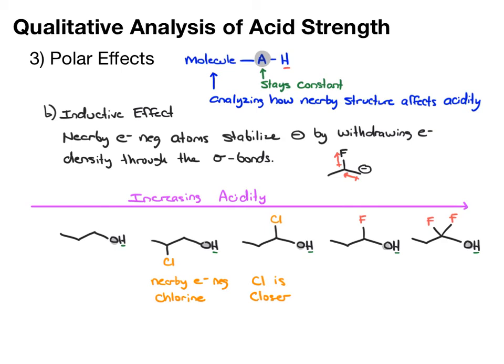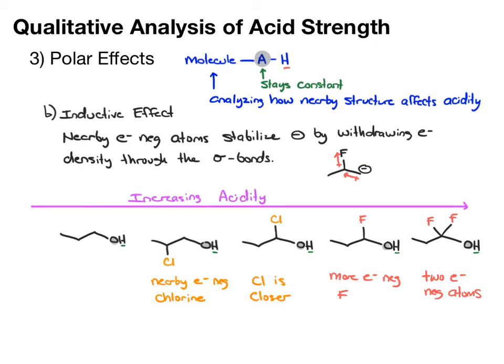So that increased electronegativity of the atom enhances the acidity. And then finally going from 1 fluorine to 2 fluorines. Now we're just kind of doubling up that effect, so that even further enhances this inductive effect.